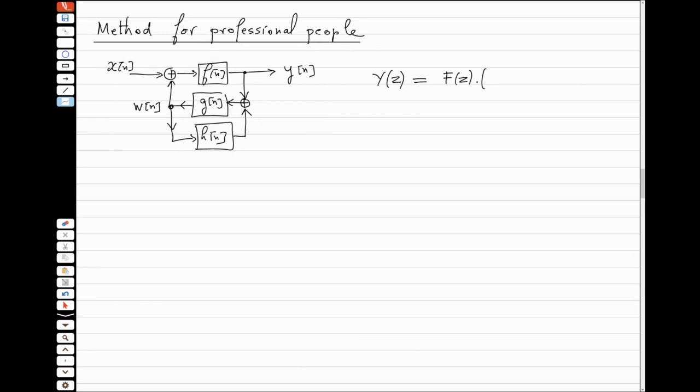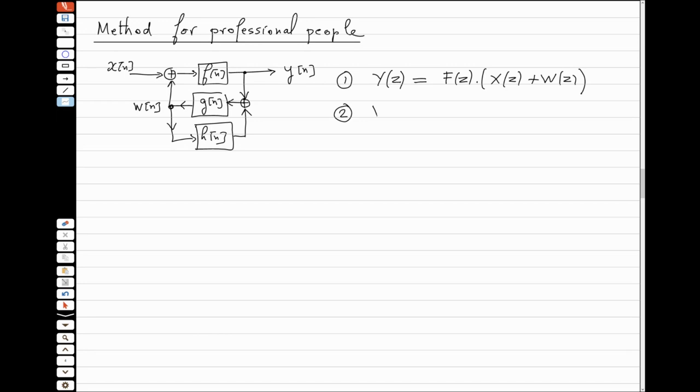But the z transform is linear, so the input here is the sum of these two inputs, so in the z domain it is also going to be the sum of the z transforms. It's so easy to write this. If you can write it in the time domain, why not write it directly in the z domain? You just need to map convolution into multiplication, and addition is still addition, right? So it's free.